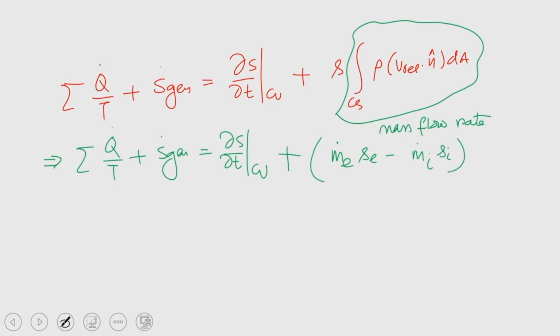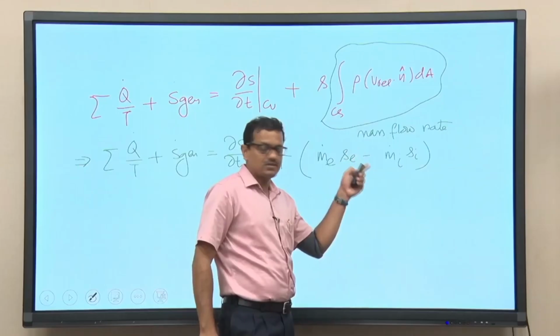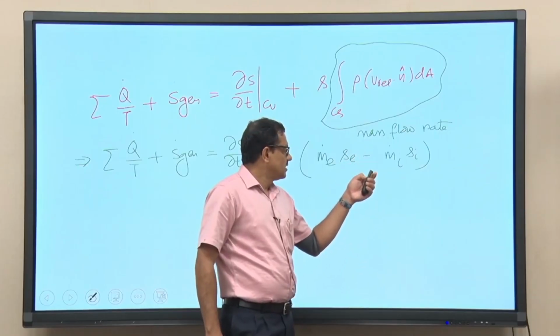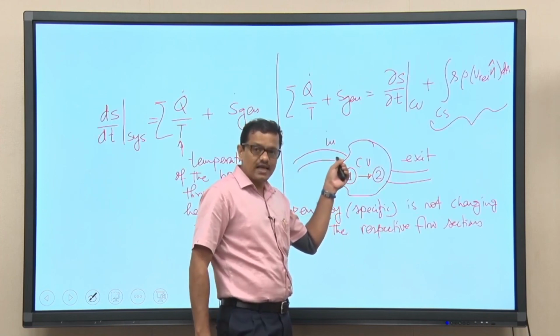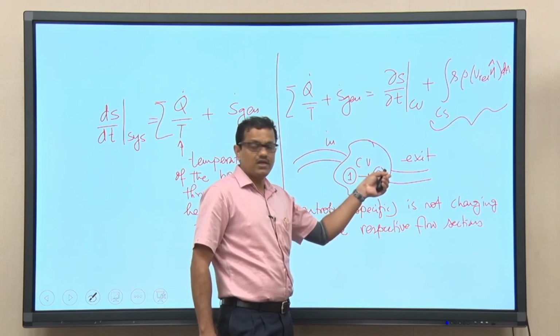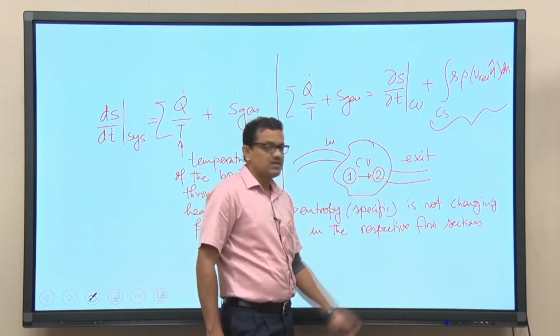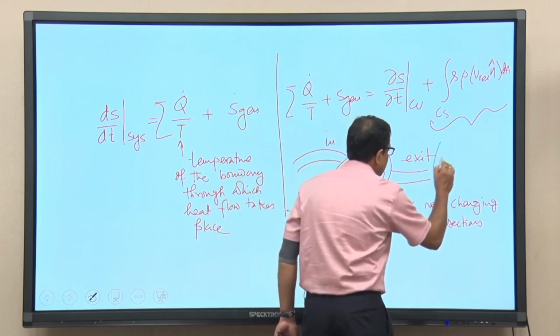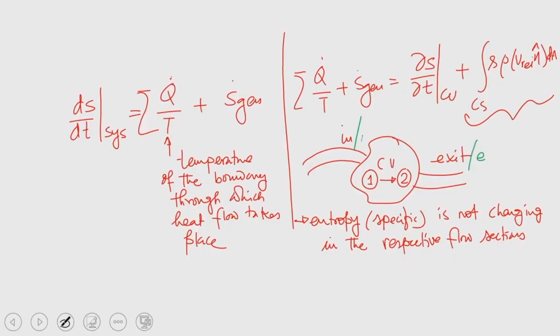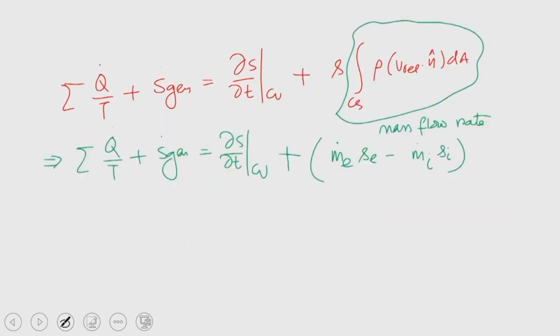So, basically the entropy which is coming in with the flow is SI and the entropy which is going out from this control volume is SE. So, this is section E and this is section I. Okay.